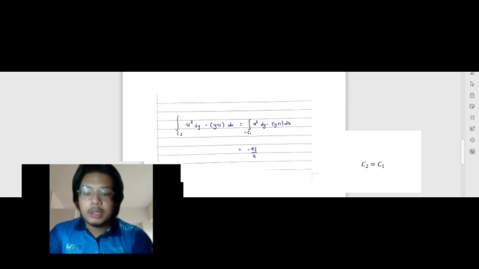Now at this point, there are two different methods we could use to evaluate the integral. The first method is to use the fact from the notes that if we switch the direction of a curve, then the value of this type of line integral will just change sign. Using this fact, along with the relationship between the curve from this part and the curve from the first part, C2 equals negative C1.